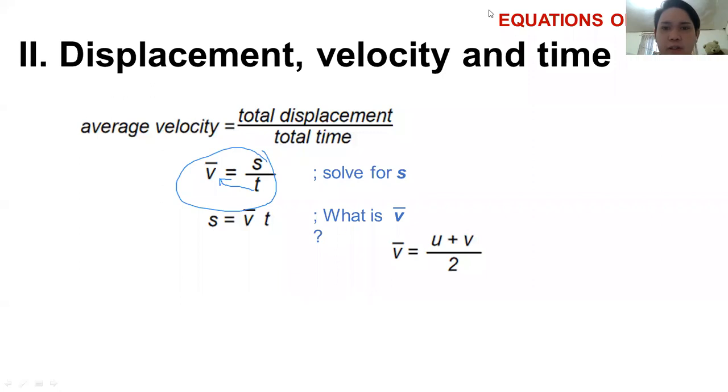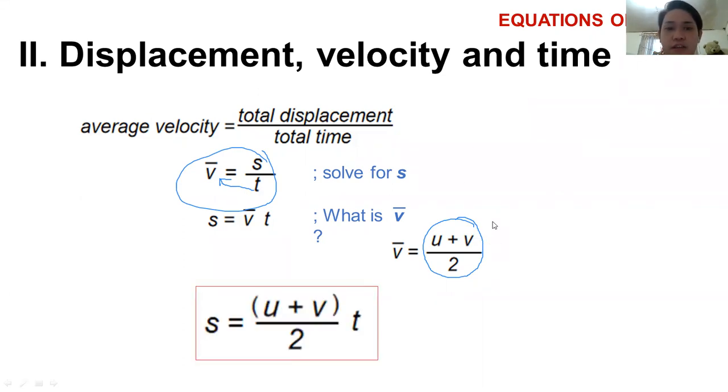So we all know that V, the average velocity, is U plus V all over 2. Next, we will just substitute it into the equation, this one. Substitute the value of your V in here, and that gives you equation 2.